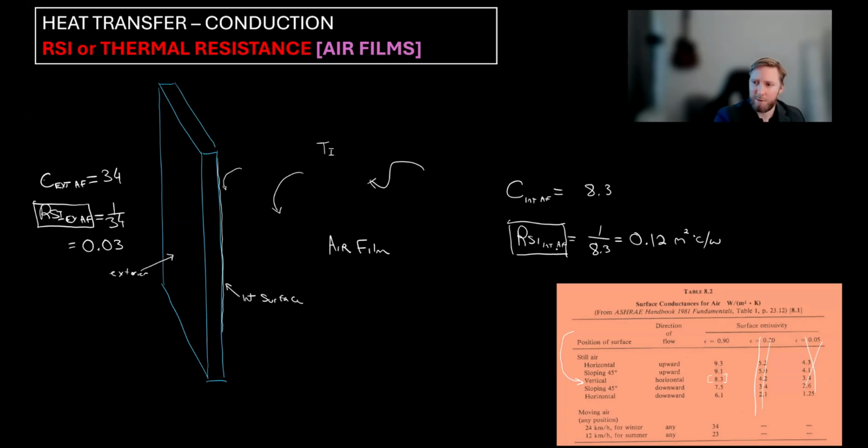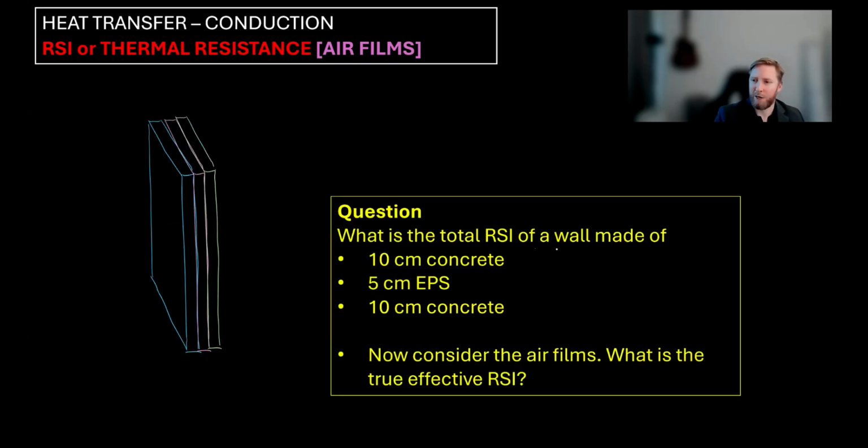And now that we found that, we can actually go back to this question. And here we have our 3 different layers. So we've got a layer of concrete, insulation, and then concrete again. But we also have a layer of, so it's not just layer 1, 2, and 3. We also have, we can call this layer 0, the air film for the exterior.